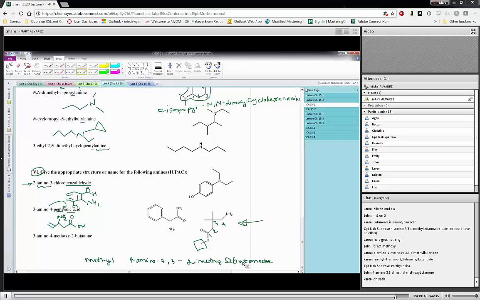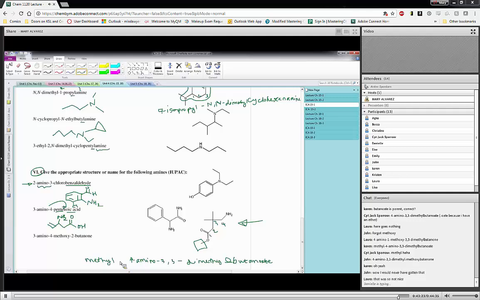You guys remember each of those? Lots of little rules to follow. But that's how we name esters and carboxylate salts, both, right? We take the thing that's attached to the oxygen and we put it out in front with a space, and that's how I know what's attached to the oxygen, right?